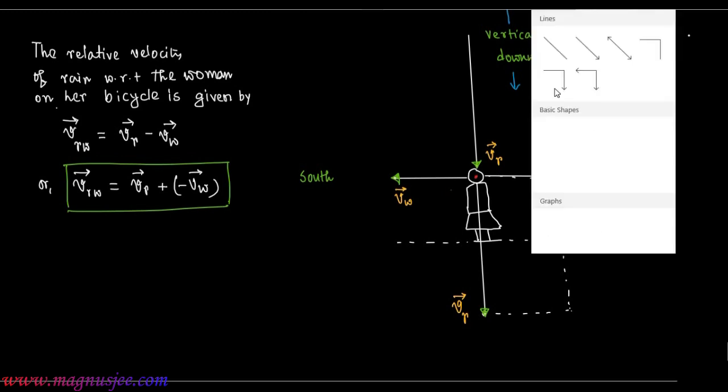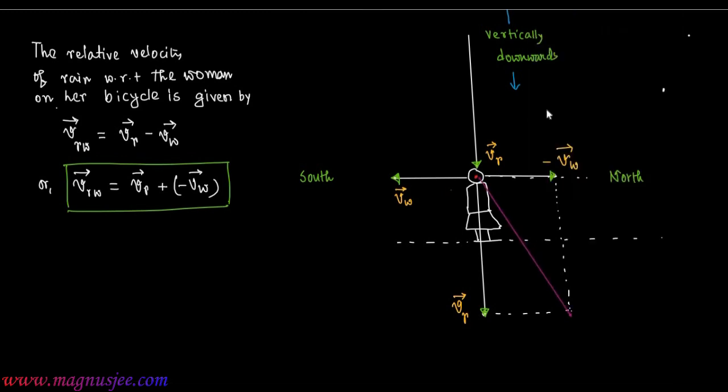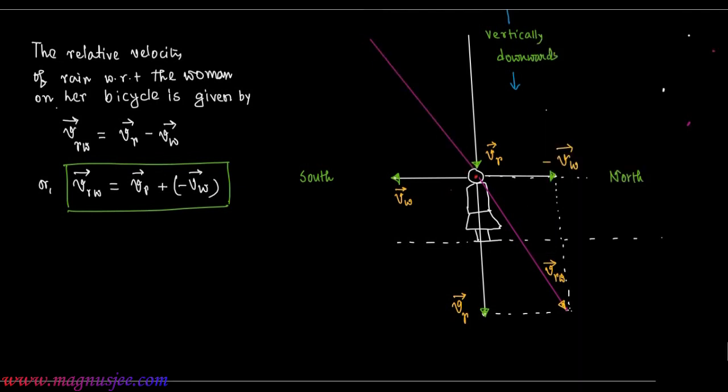We have to add vector Vr and minus vector Vw, and this is the direction along which the resultant of vector Vr and minus vector Vw is acting, and this resultant is vector Vrw.